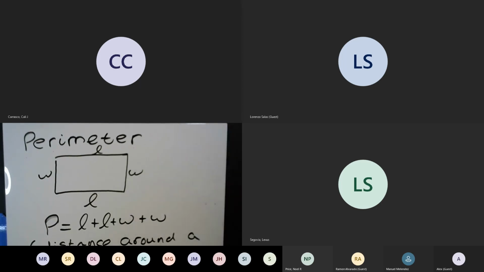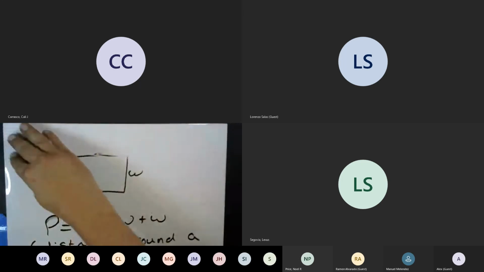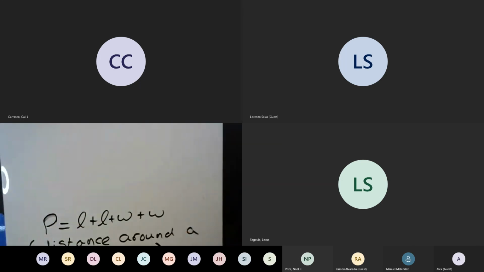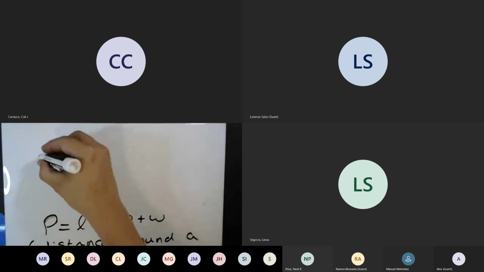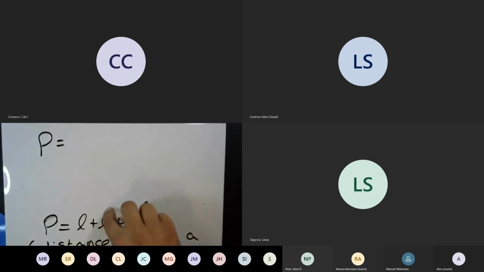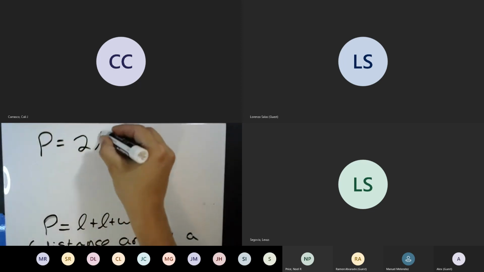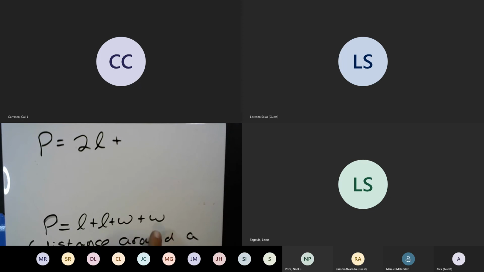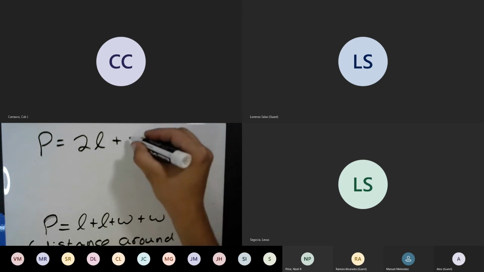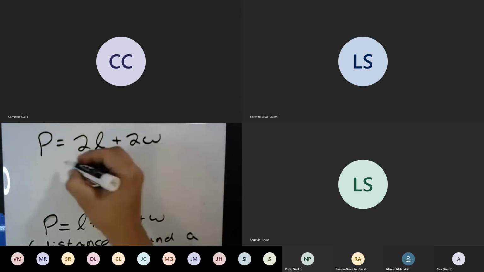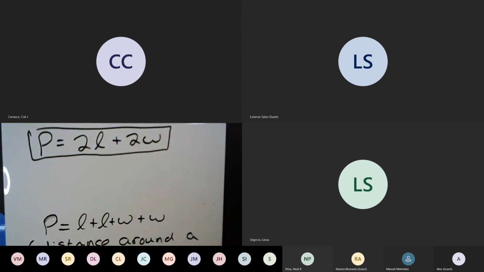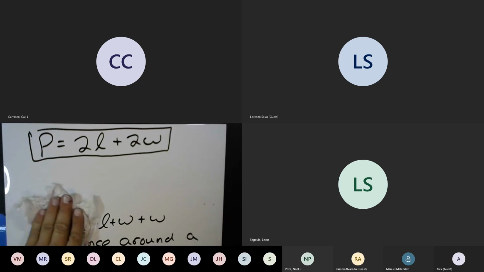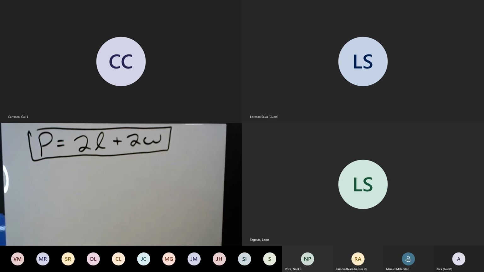So what we can do is simplify this a little bit. We can gather like terms. We have two L's, so we'll just call this 2L. Then we have two widths, or two W's. We'll call this 2W. And so this is the perimeter formula for the rectangle. So let's do an example.